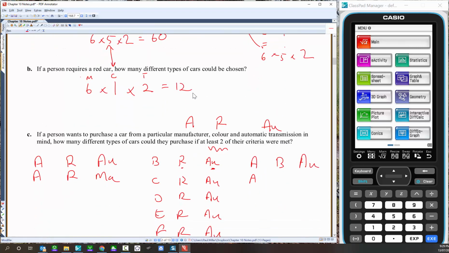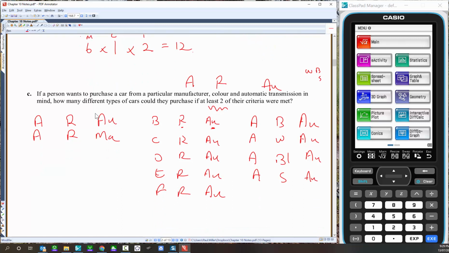White, black, silver. A white and auto, a black and auto, and a silver and auto. Right, and they will also meet the requirements. So there is all of our cars that will meet the requirements of at least 2 of the criteria. 1, 2, 3, 4, 5, 6, 7, 8, 9, 10, 11. We've got 11 in total.